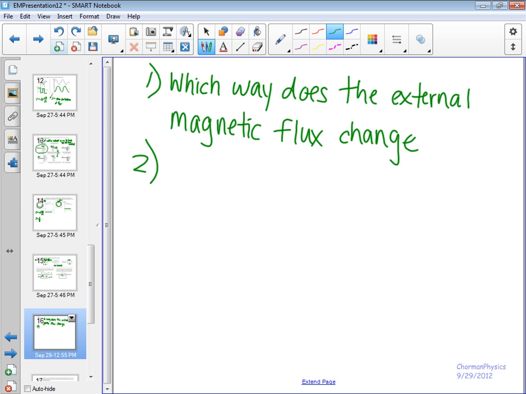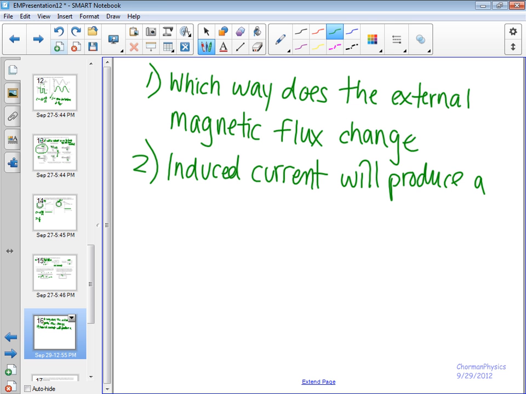Second question you must answer, or point to make, is that the induced current will produce a flux in the opposite direction.